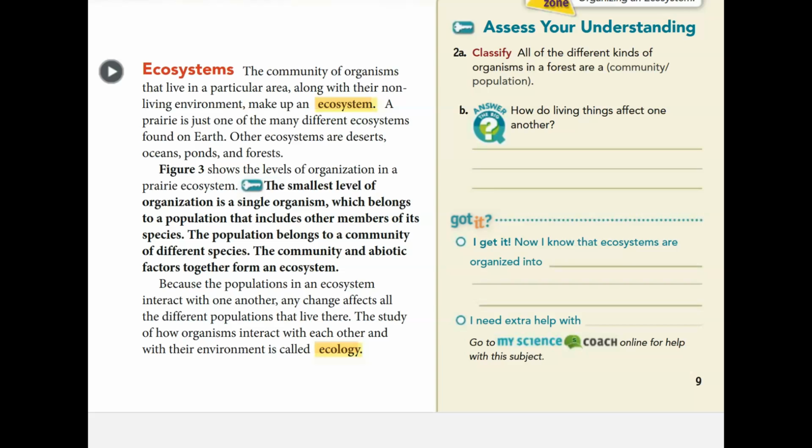The community and abiotic factors together form an ecosystem. Because the populations in an ecosystem interact with one another, any change affects all the different populations that live there. The study of how organisms interact with each other and with their environment is called ecology.